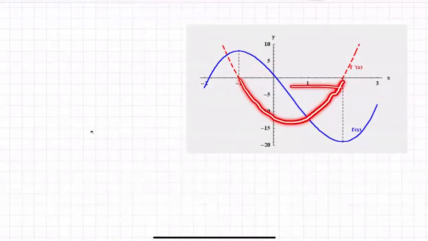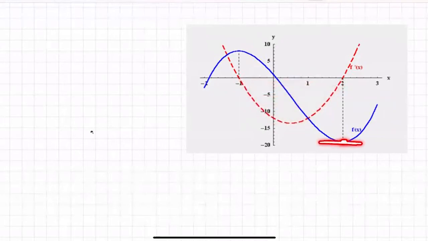It's got negative values all the while here, until you hit the minimum turning point, and at that stage your slope is 0, and then you get this positive slope again.